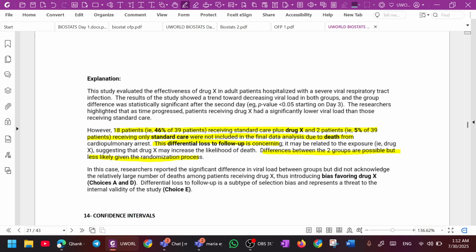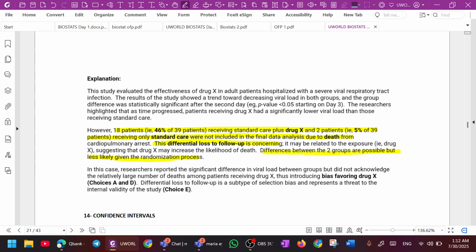So even if at the end we have a statistically significant result, we can say the treatment is curing people. Look at day 4, there are fewer people with viral load in the treatment group, so the treatment is good. But 18 people died. So maybe the treatment is good, but the side effects of the treatment are not that good because a lot of people are dying. You see what I'm saying?